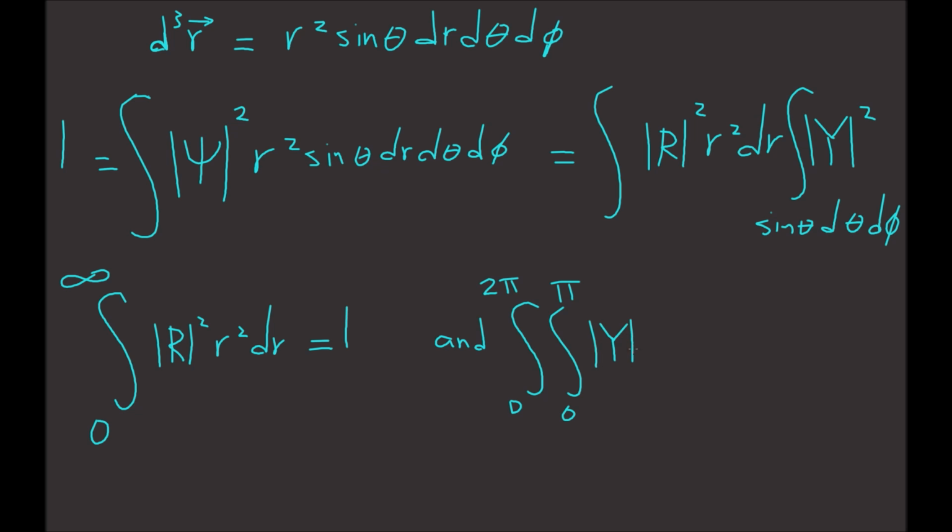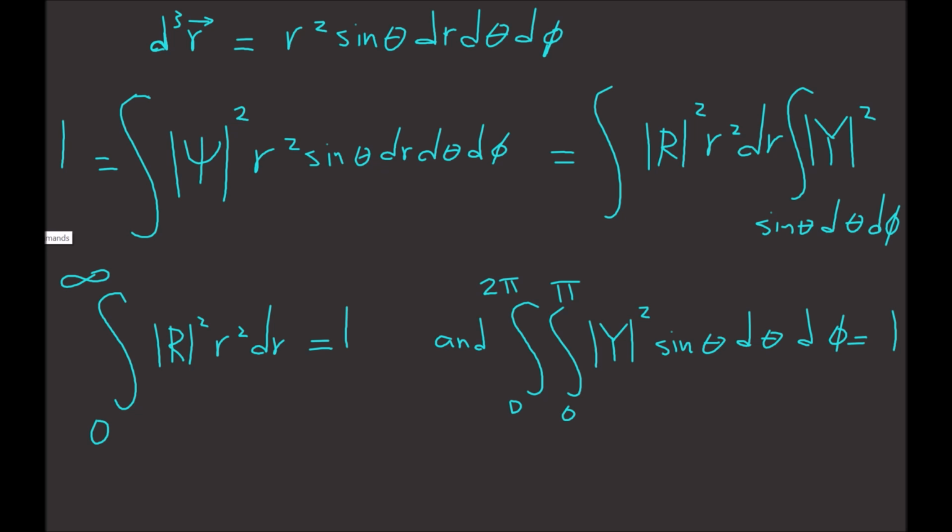They both have Y star Y times sine of theta d theta. That's the first integral from 0 to pi, and the second integral is from 0 to 2 pi. This is the phi angle, and this integral also equals 1 because their product has to be equal to 1. So 1 times 1 is 1, of course. The reason we're doing this integration again is to find the normalization factor for our Y functions. I'm going to do this in a separate video.